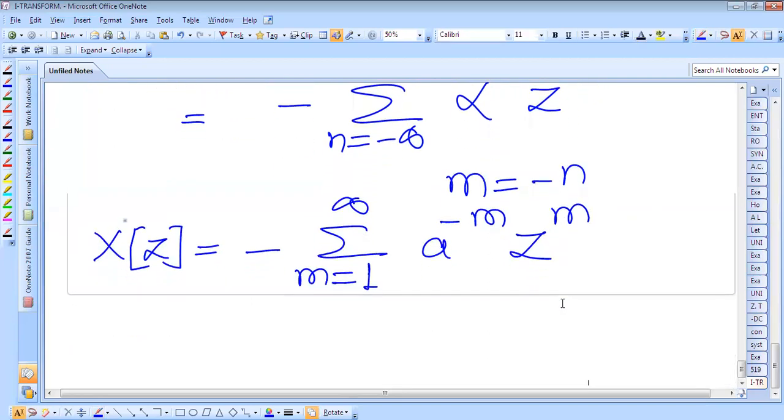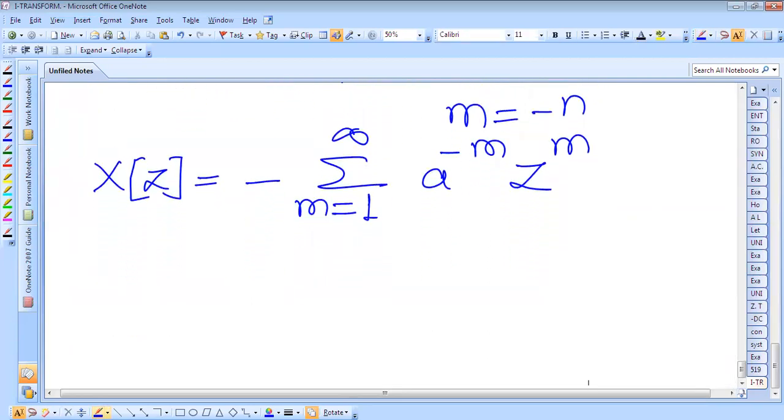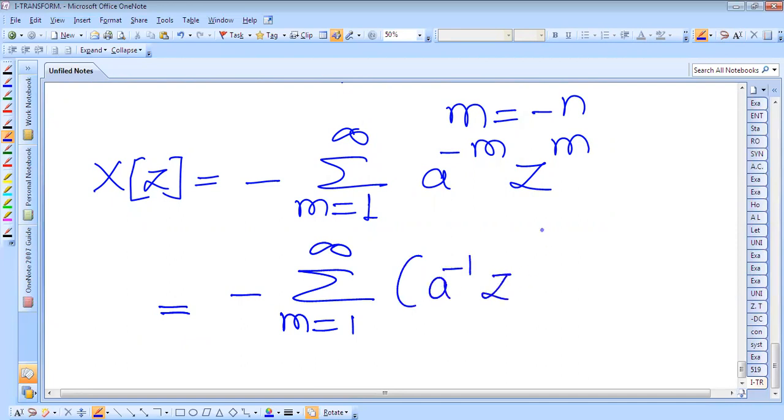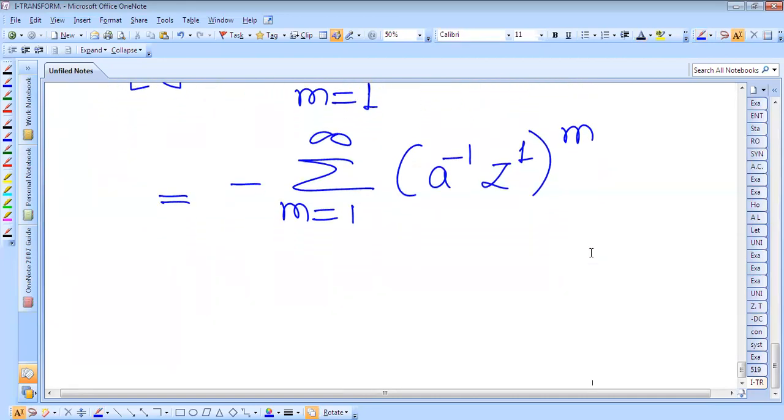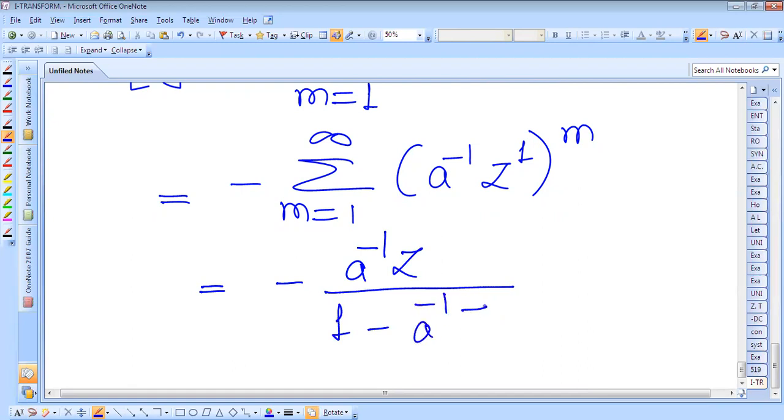Here we can write it as minus summation over m equal to 1 to infinity of a raised to power minus 1 z, all raised to power m, and this is a geometric series of infinite length. Therefore we can write minus a raised to power minus 1 z divided by 1 minus a raised to power minus 1 z.